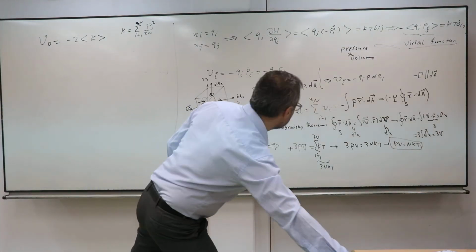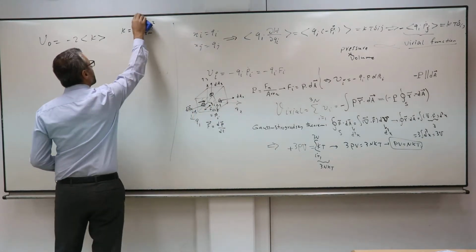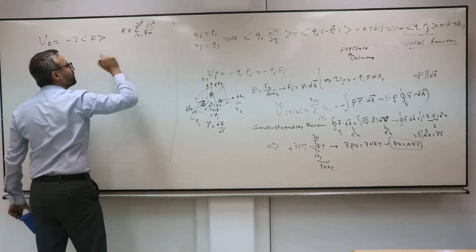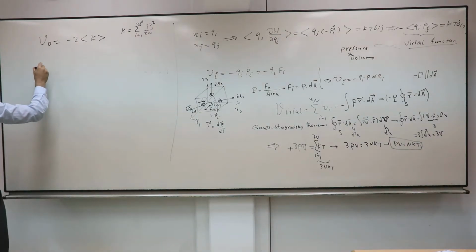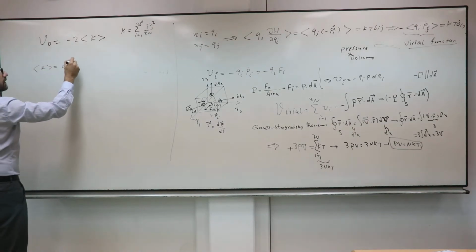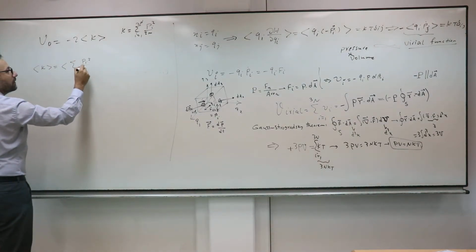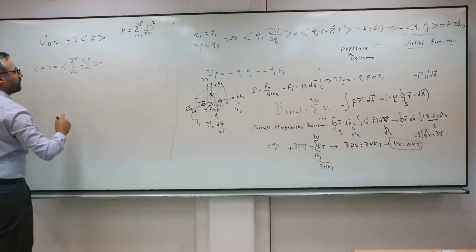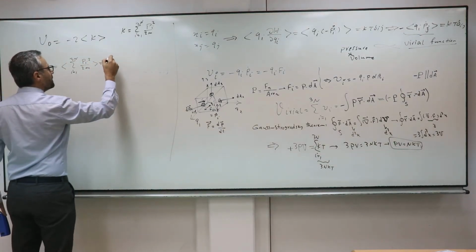What you will do is that we need just to find the expectation value of the kinetic energy according to the equipartition theorem. So the average will be the average of sigma p_i squared over 2. And this you will do like that.